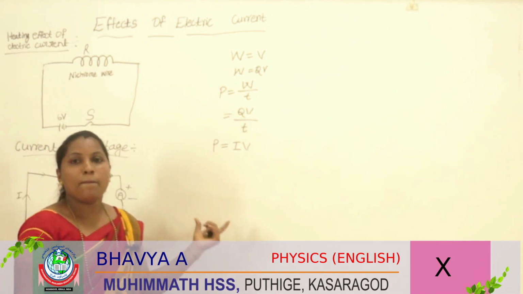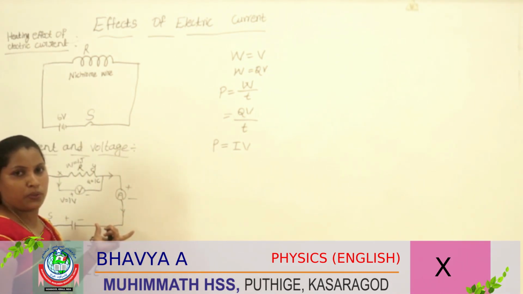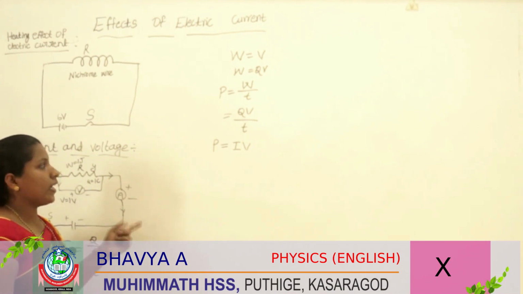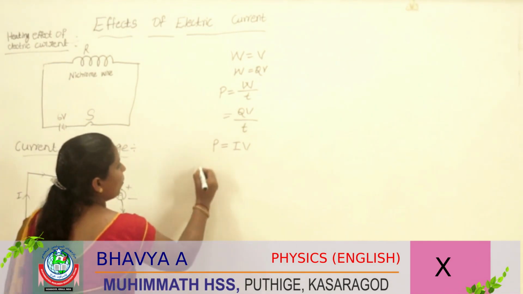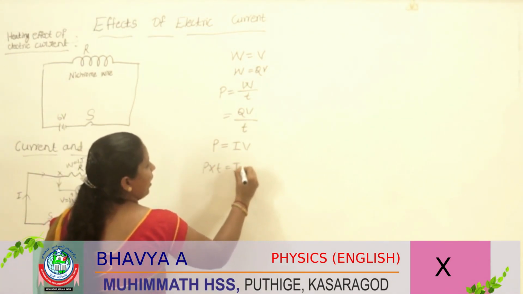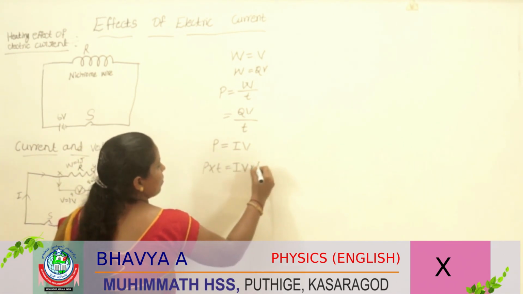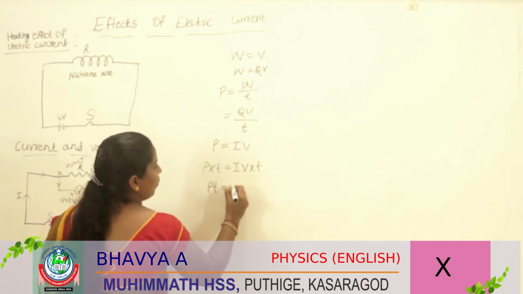Then power in a time T seconds in this circuit. Power in T seconds, so what should we do? You should multiply both sides by T. So P into T is equal to IV into T. So this becomes PT is equal to VIT.